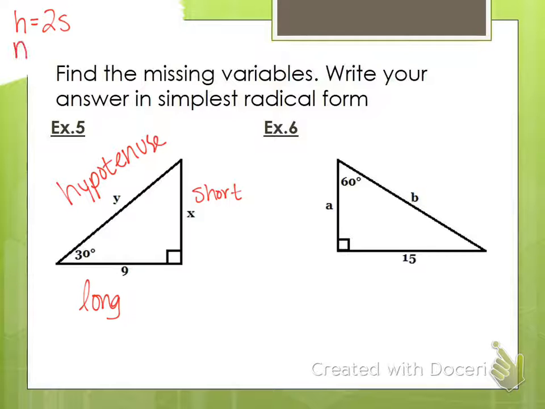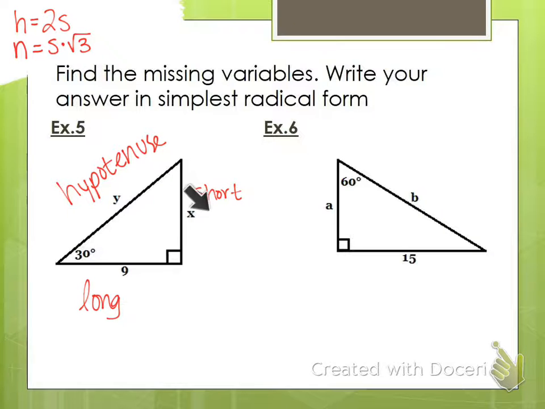The other one was that N, or the long side, is equal to S root 3. So, do I have an equation that relates the long side directly to the hypotenuse? No. Which means if you don't know the short side, if they didn't give that to you, that is your first goal, is to find that short side.